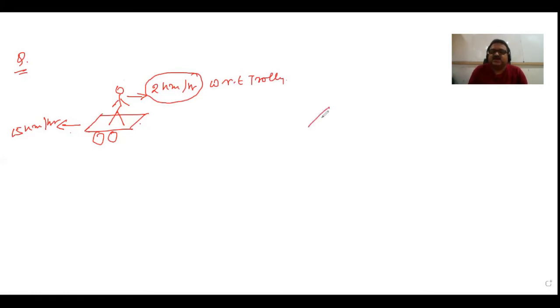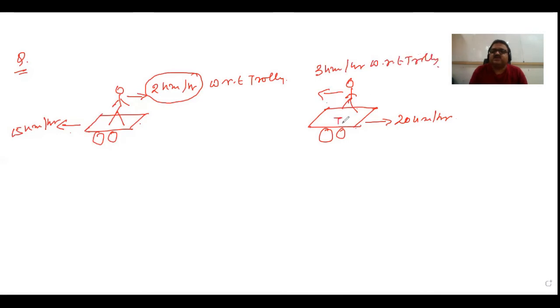Now, there is another trolley which is moving in this direction with a speed of, say, for example, 20 km/h, and another person, B, is running on this long trolley with a speed of, say, for example, 3 km/h with respect to trolley. This is T2, this is T1.